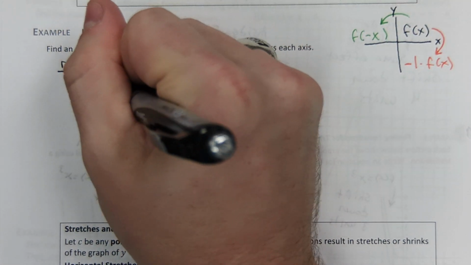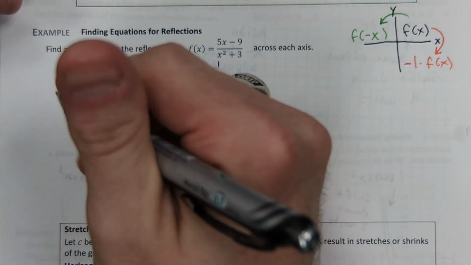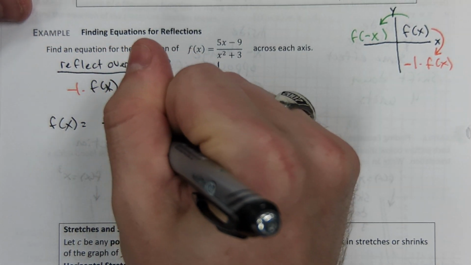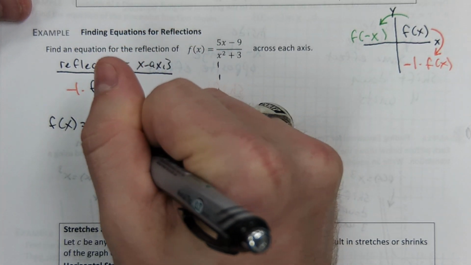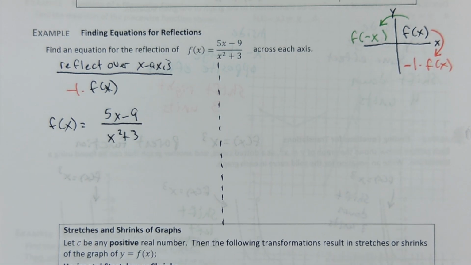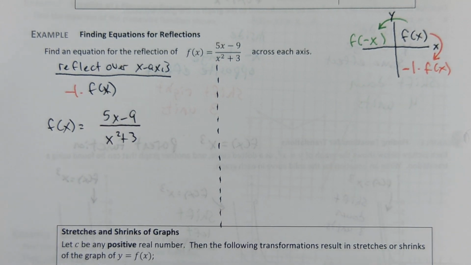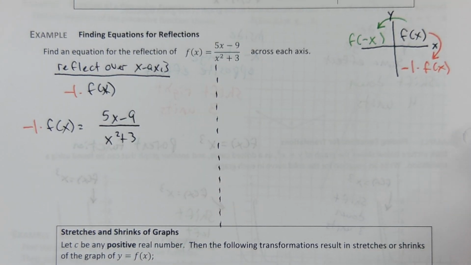And now I'm going to put that rule into play. Let me write my f of x. In order to reflect this over the x-axis, I will need to multiply that left side by -1. If you do it to the left side, you need to do it to the right side.